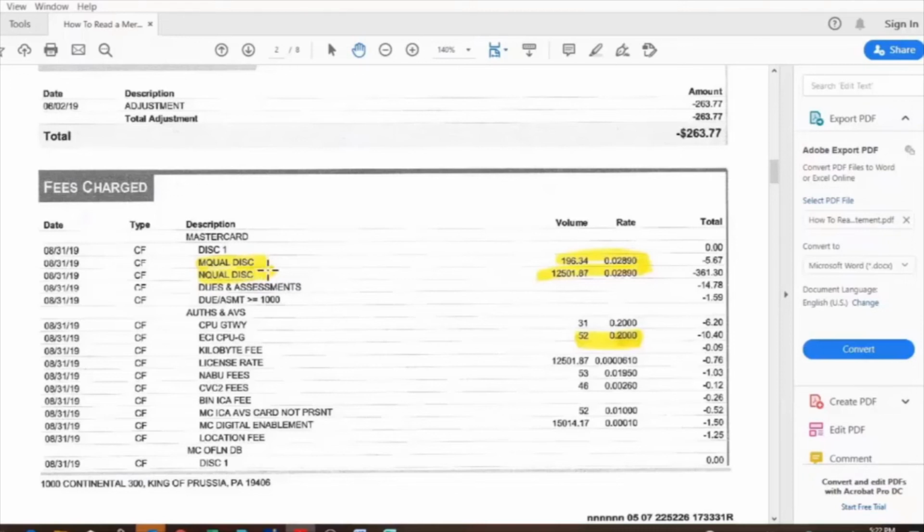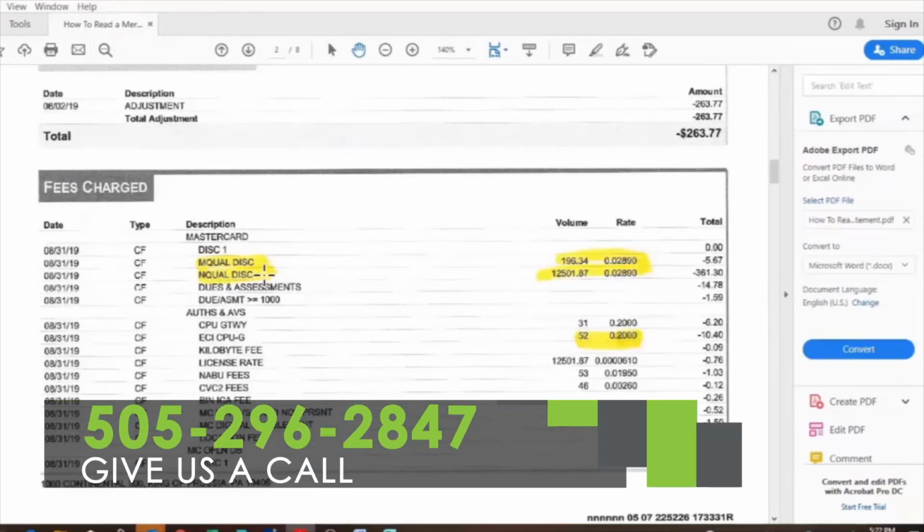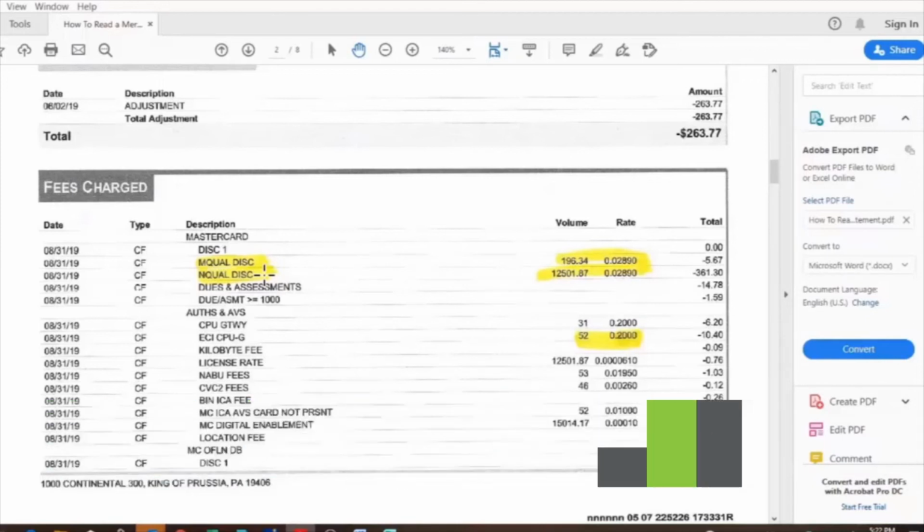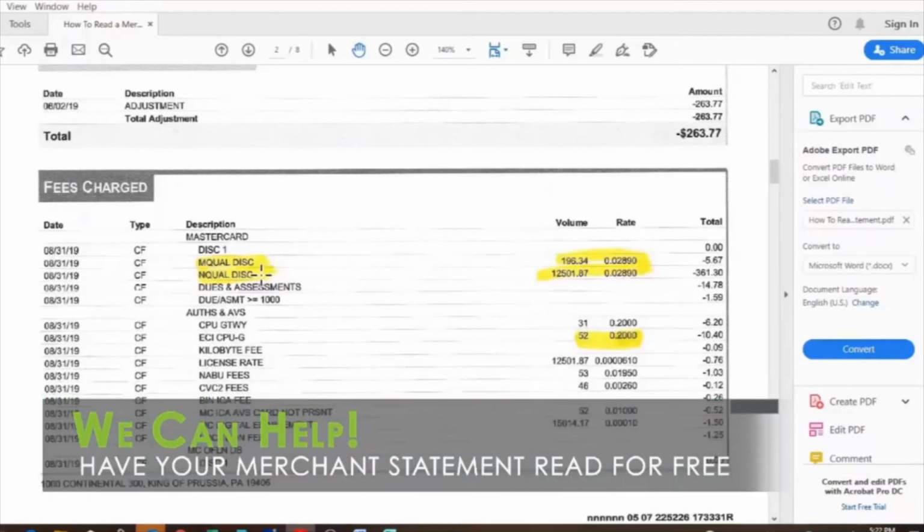So the 3 buckets represent the lowest rates going into the first bucket, the middle cards that have a middle risk or a little bit higher rate go into this bucket, and then the highest rated cards that have the highest risk, typically corporate cards, keyed-in kind of cards, sometimes go into non-qualified.